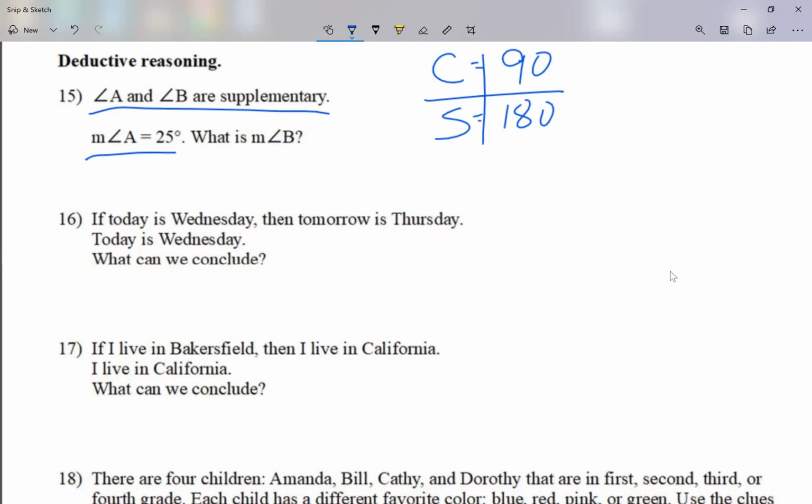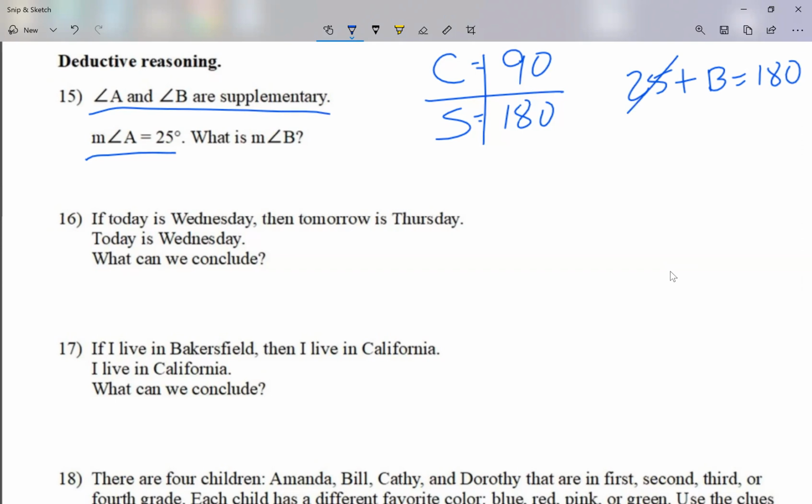And then I said angle A is equal to 25 degrees. What is the measurement of angle B? Okay, so I know 25 plus angle B is equal to 180. Based on those premises, basically what I'm going to conclude with, right? Because I know that A and B are supplementary, so I know they add up to 180. I know that angle A is 25, so basically 25 plus angle B is equal to 180.